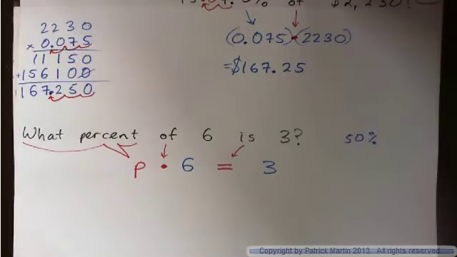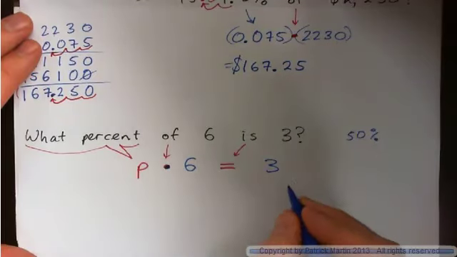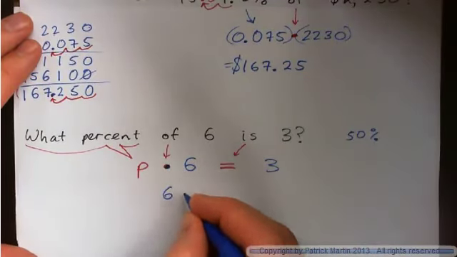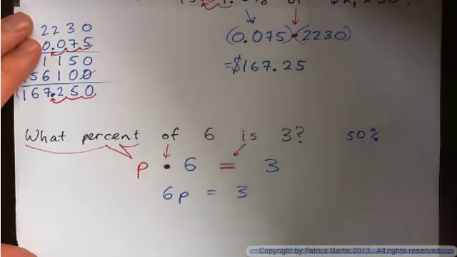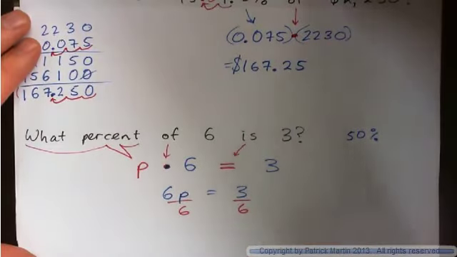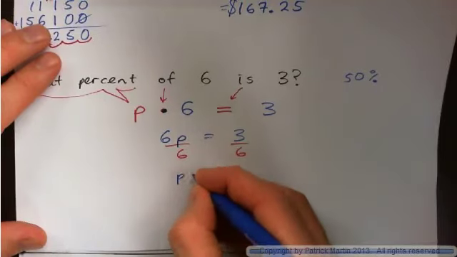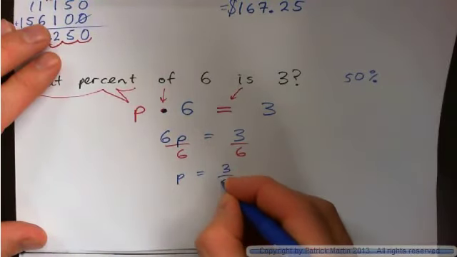And now we can find P. You see, it's P multiplied by 6 equals 3, or you could write that as 6 times P equals 3. Whatever, it doesn't matter. But the point is, you've got to divide by 6 on both sides. We did this before, didn't we? And we get P equals 3 over 6.